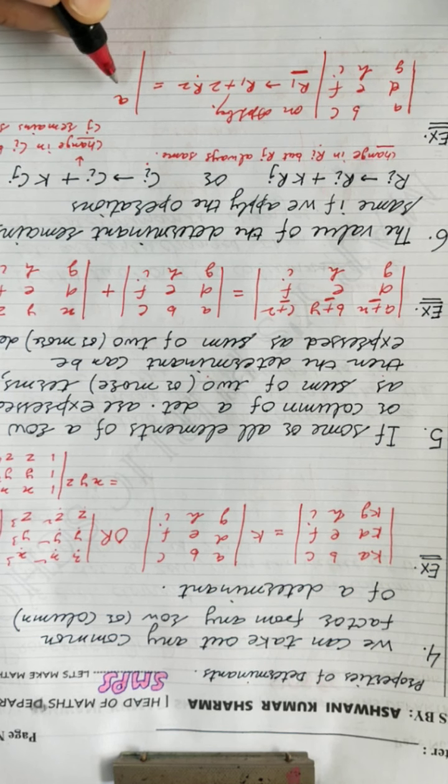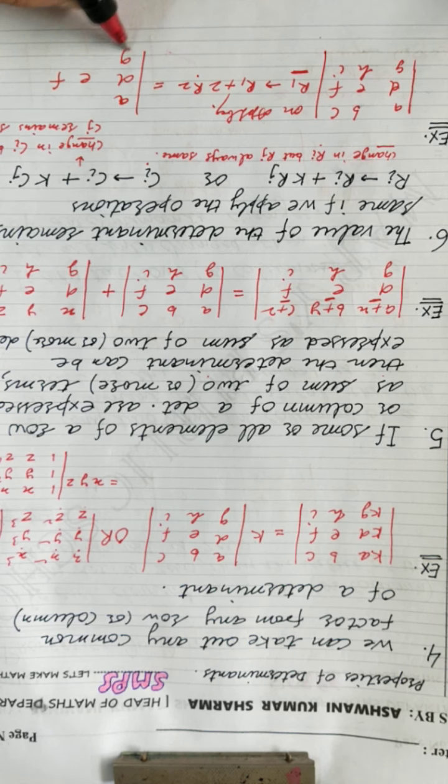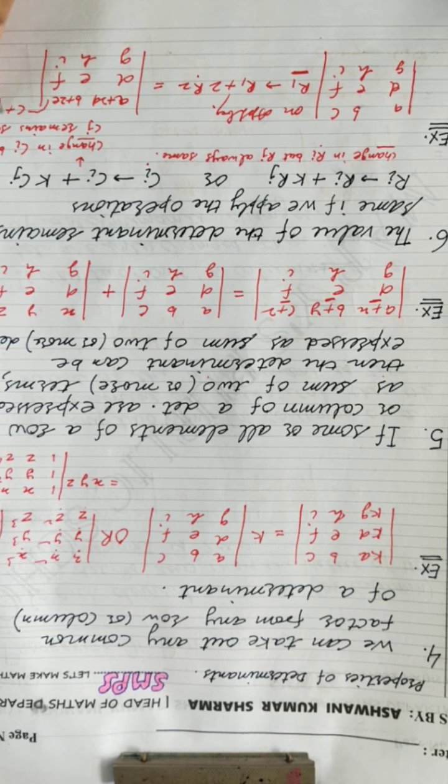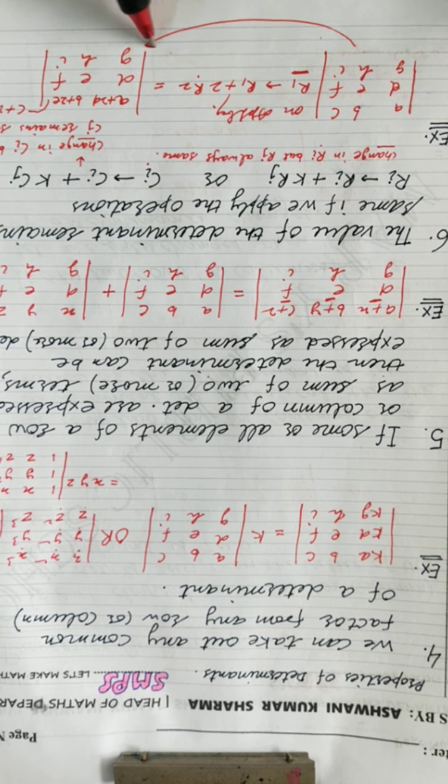First of all, write those rows in which there is no change, g, h, i, and now here we will get a plus 2d, b plus 2e, and c plus 2f. Got it? In this case, the value would be the same for these two. There is no change in value. Got it?